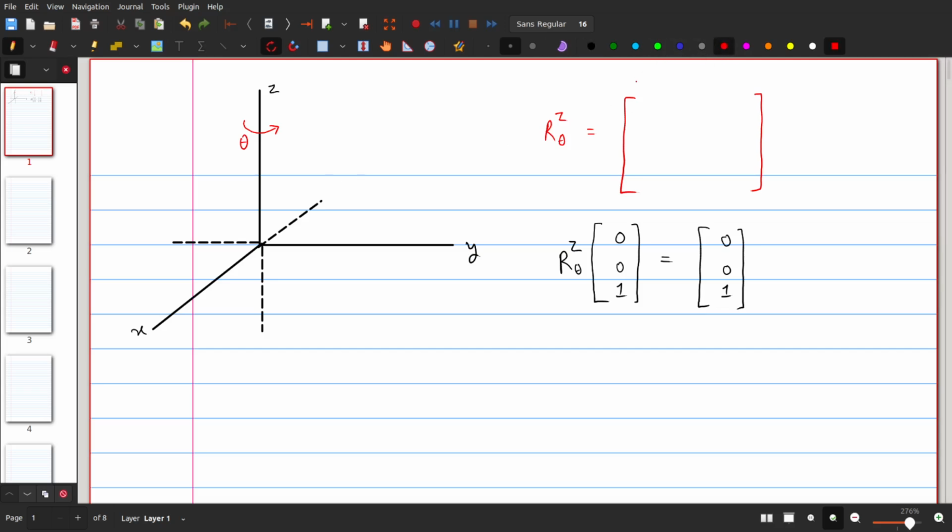Now suppose we consider the unit vector along x-axis, which is the vector 1, 0, 0.